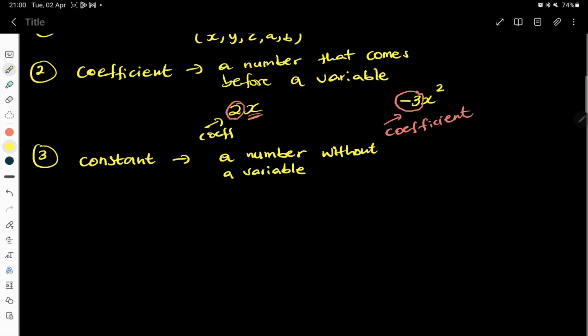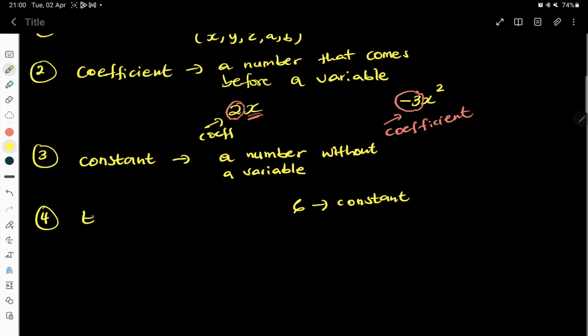For example, 2x is not a constant because there's a variable, but 6 is just a number without any letters surrounding it. So it means that 6 is known as a constant term. It's a constant. So constant numbers do not have variables.